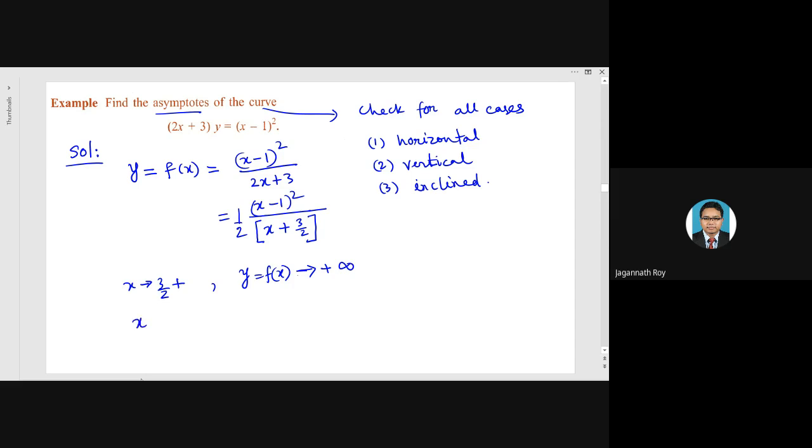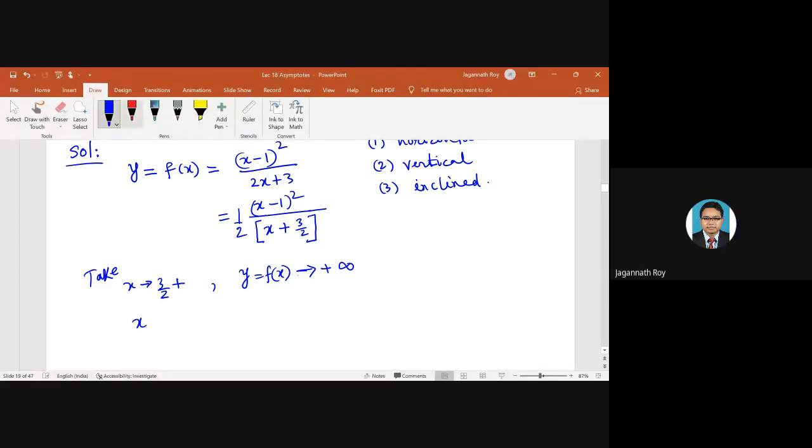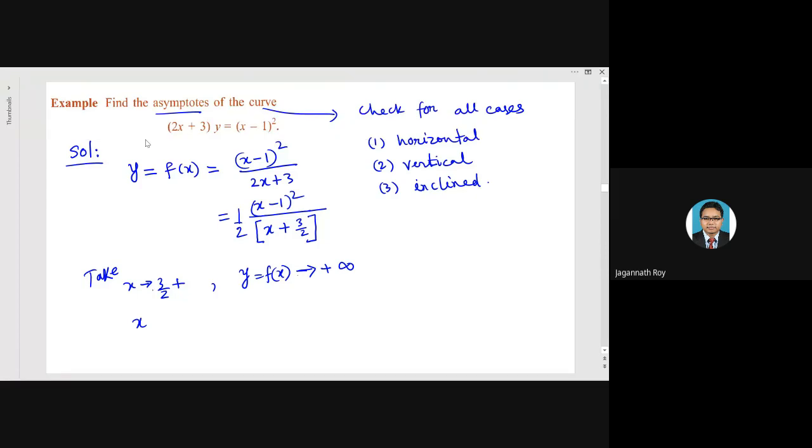Shouldn't it be minus 3 by 2, sir? Yes, right, minus. Thank you. Because we have to make it 0, right? This should be 0 only if x is minus 3 by 2. So from the right hand side x goes to minus 3 by 2, and then for the left hand side limit, we get f of x goes to minus infinity.